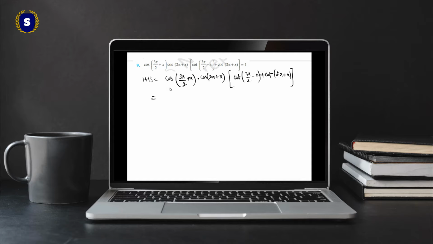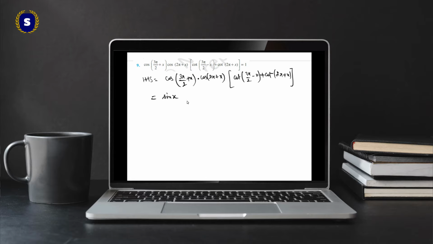So here the angle is a multiple of pi by 2, so we will convert cos into sine, and the angle will remain x only. Since this angle lies in the fourth quadrant, the sign will be positive only. If you want detailed information on how to convert these angles, you can watch our session. The tag is given at the top.